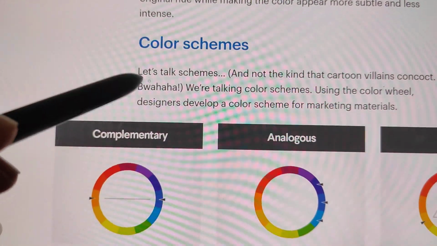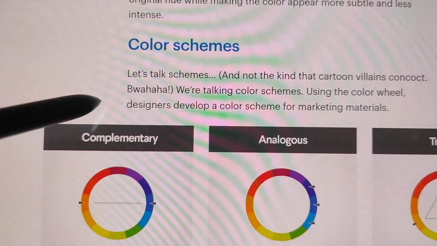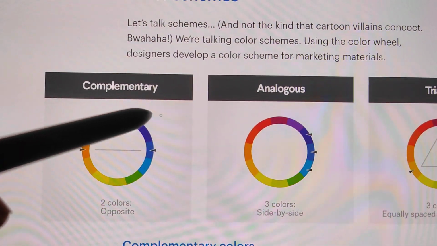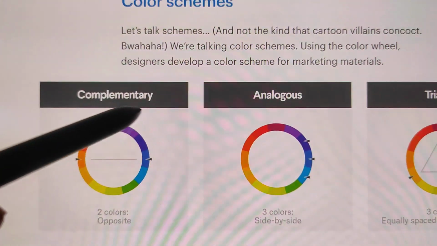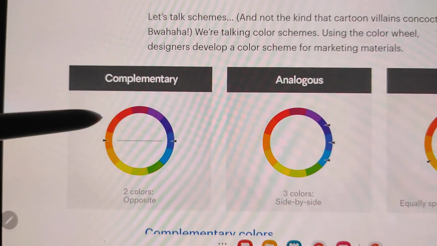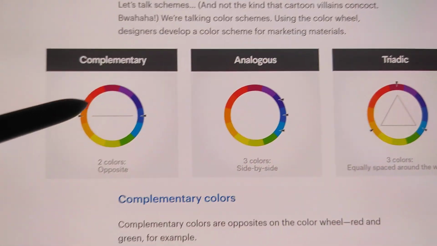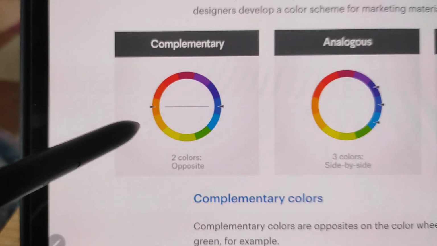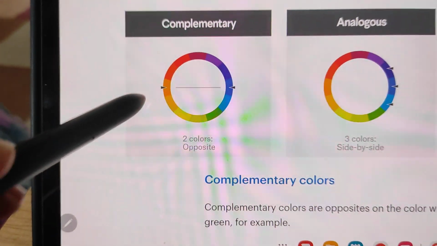Color schemes. Let's talk about the color schemes. Using the color wheel, designers also develop color schemes for marketing materials. This is very important to understand. Complementary, analogous, and triadic. Complementary means two colors are opposite on the color wheel.